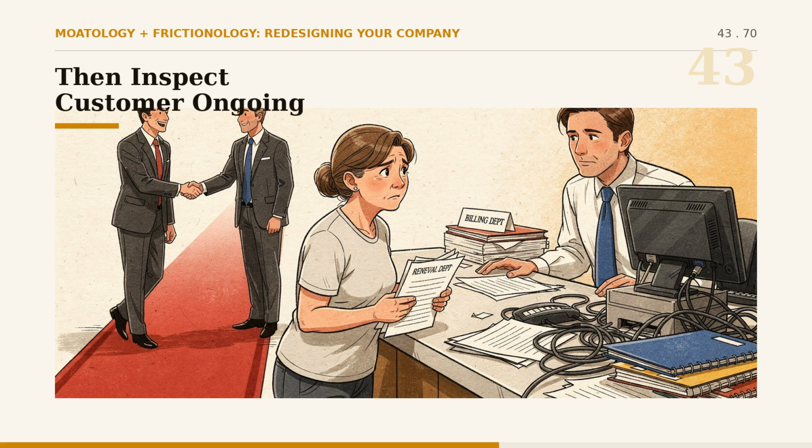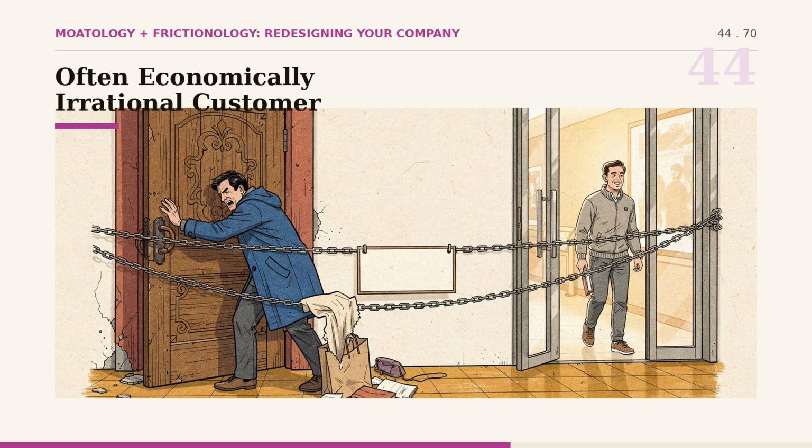Many companies spend heavily to acquire customers and then surround existing customers with unnecessary friction. They hide support, complicate billing, make cancellation adversarial, and force loyal buyers to navigate systems designed for strangers. That is often economically irrational. The customer, who already trusts the company, should not face more friction than the person who has never paid.